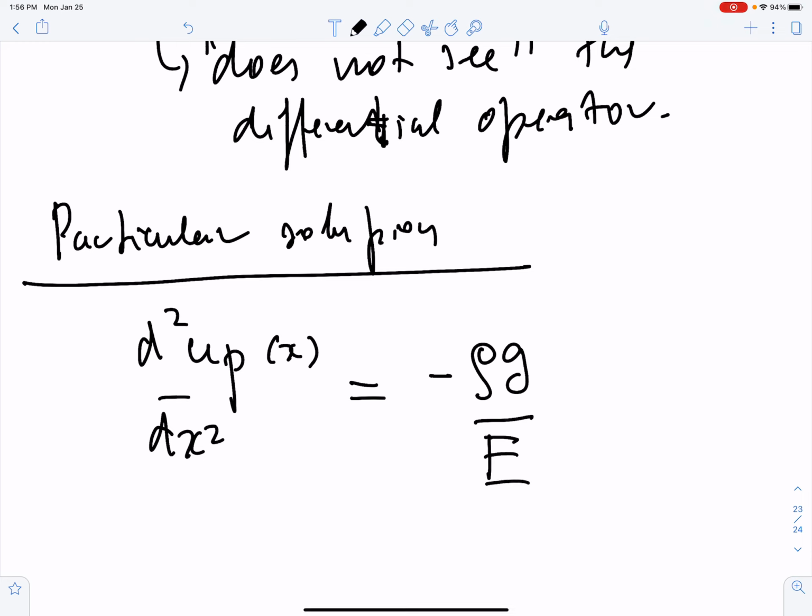Rho g over E. So then you're saying, look, you take in a function. That's where the art comes in. You take in a function, you take its second derivative, and you get a constant. So what would be a good candidate for a function like this? Well, it turns out that a quadratic monomial will work.